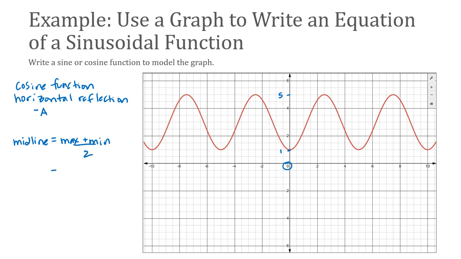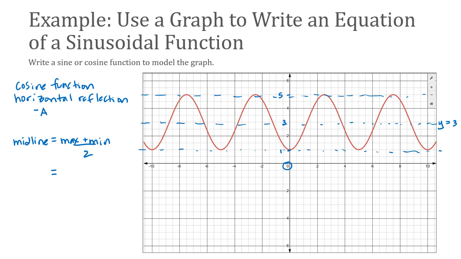Now, I don't know that you need another formula to memorize, because if you were to just sketch in a line at 5 and a line at the lowest value at 1, I think that you can see that between 1 and 5, that middle value is at 3. So the midline is at y equals 3.